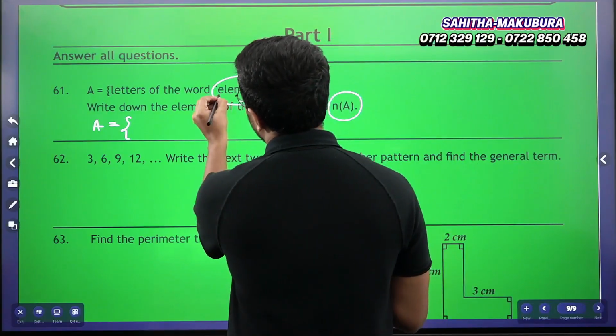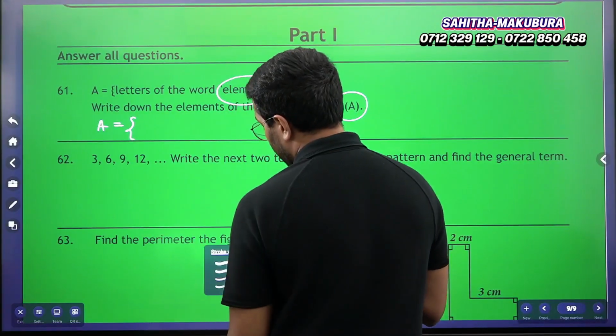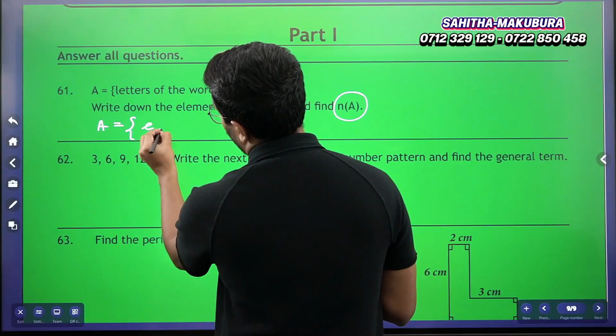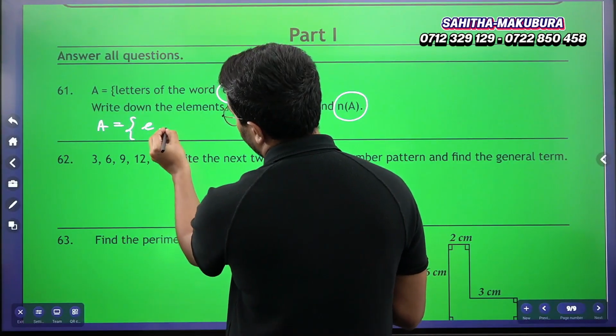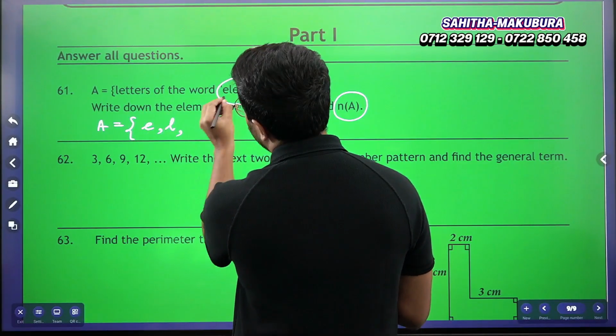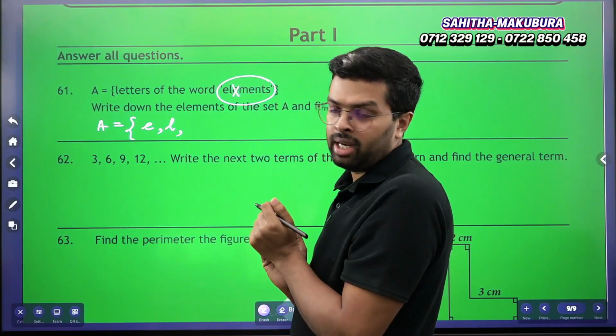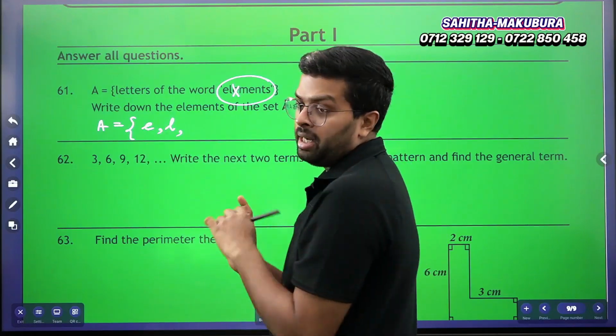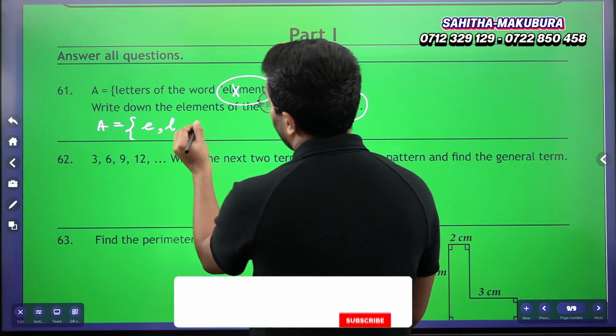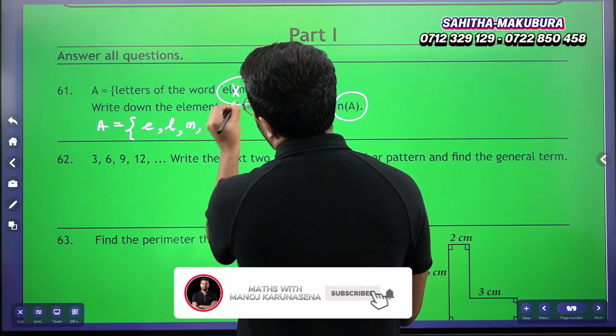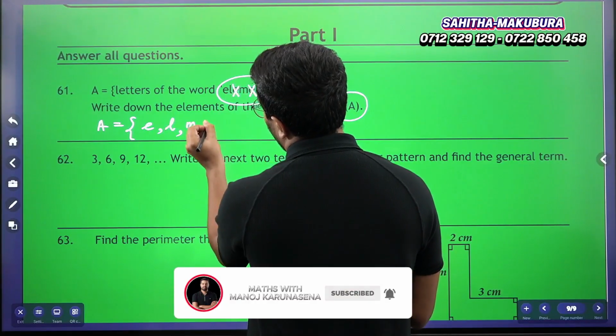So what are the letters we have? We have letter E. Let's put a comma to separate, then L. Next E, we have to neglect it. We are not considering that element because we have already written letter E previously. M. E again, removing.